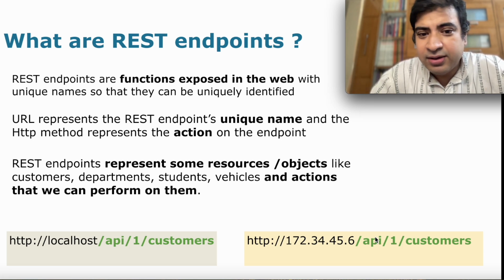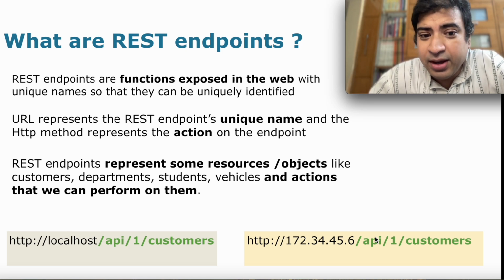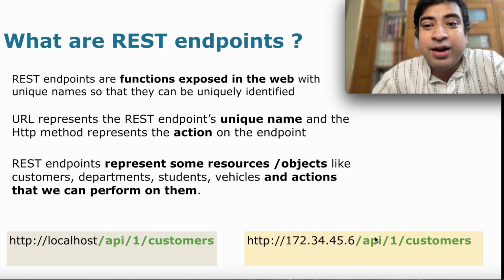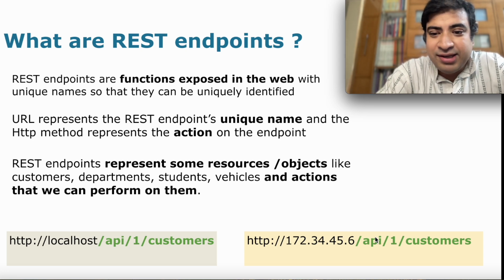Now coming back, a couple of important things regarding the REST services. Since REST services are essentially some functions which are exposed over the web, these functions need to have a unique name, which is nothing but the URL of the REST service, which you can see here.